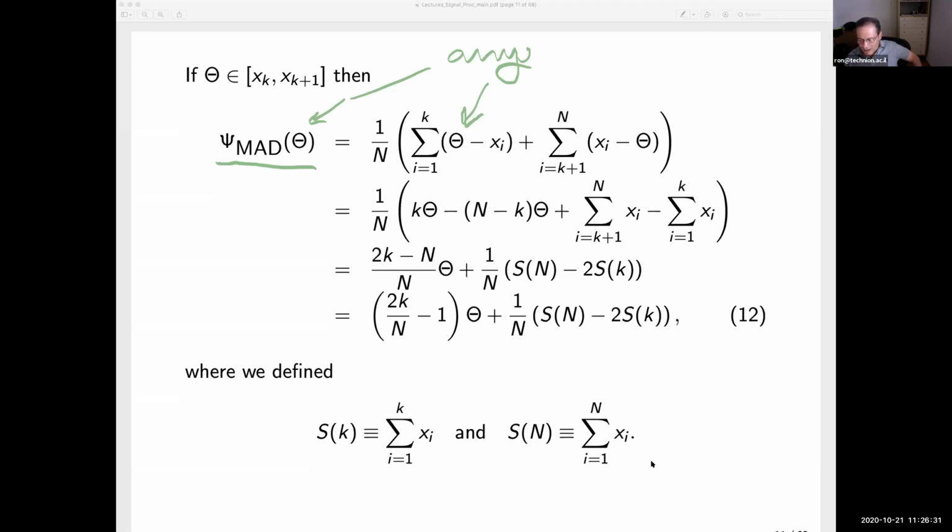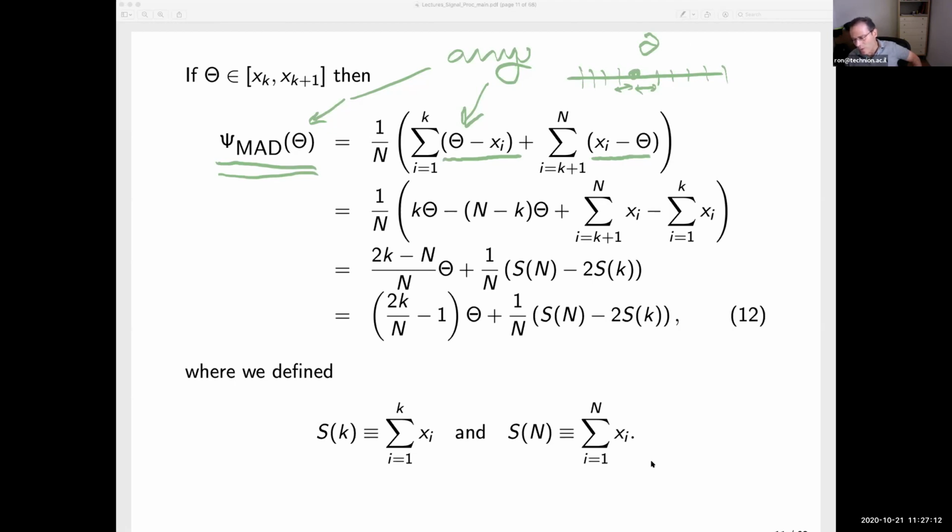So I can write my MAD penalty as follows. Sum all the positives. I have my numbers and I've selected my representative theta to be somewhere here. So what I do is I'm summing over all the signs of these guys, plus times the sign, so it would be positive. And then I'm also summing over all these guys, and obviously it would be a positive number.